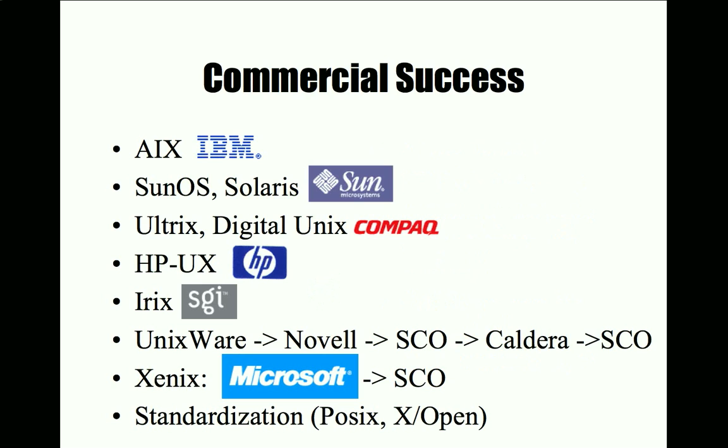Then later on, all the other commercial success of Unix came in the form of different names, different variations, basically on the same system, the same base or kernel. IBM called it AIX, Sun called it Solaris, it was Ultrix on Compaq, and HP-UX on HP, etc. Even Microsoft called it Xenix, and then sold it to SCO, another company.